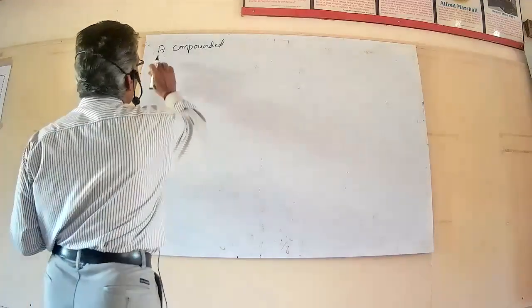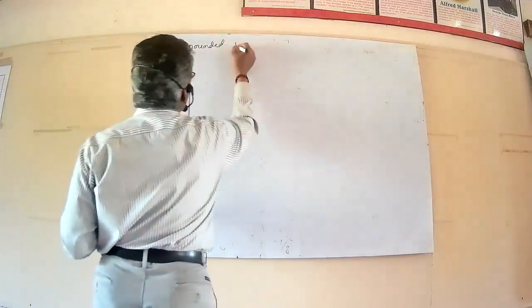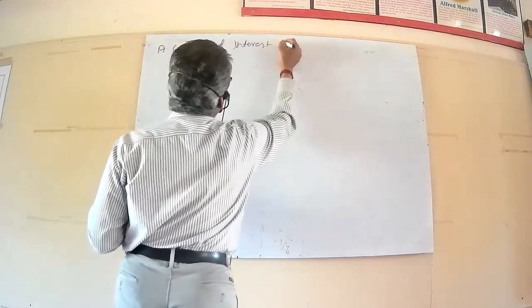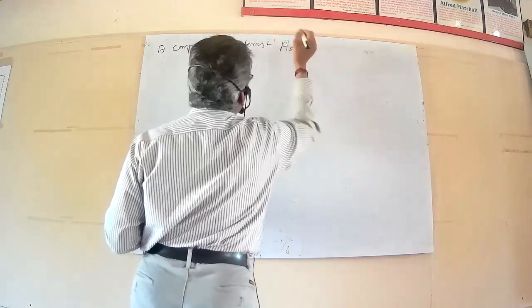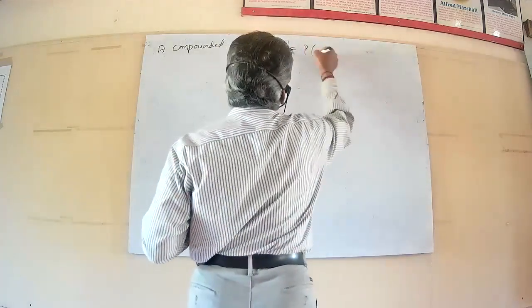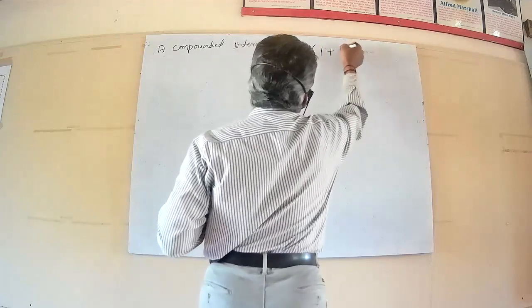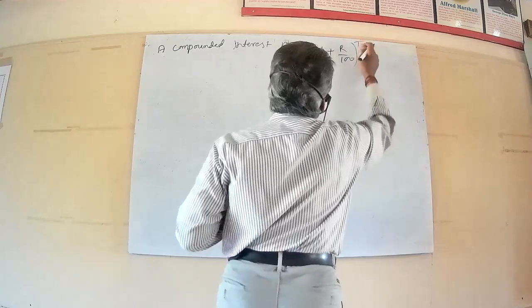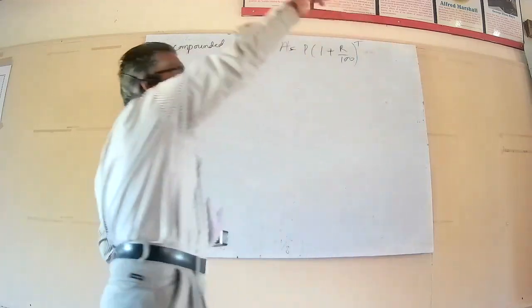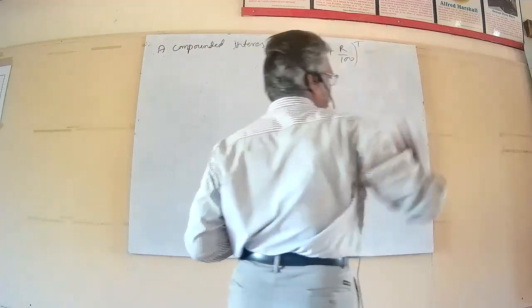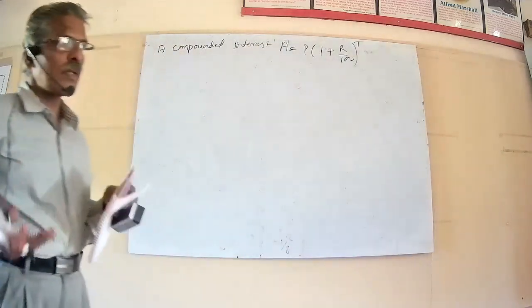So before that I will explain compound interest. A equal to P into 1 plus R upon 100 raised to N or T. In some books it is N, in some books it is T. Whatever it may be, this is the time period.